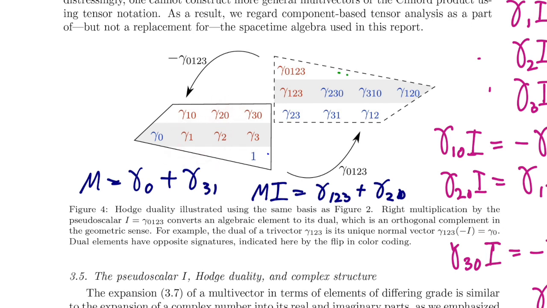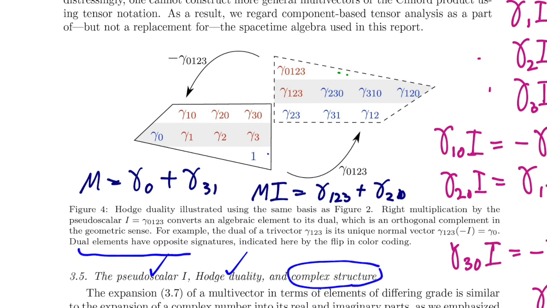And then on top of that, the implication that the duality transformation only goes from the space spanned by these guys to the space spanned by these basis vectors. That's sort of implied by this diagram, but it isn't true, and I've just given you an example. Any multivector has a dual, and that dual is right multiplication by I. So that means we've covered the pseudoscalar I, right? And we've covered Hodge duality, and the next step is complex structure.